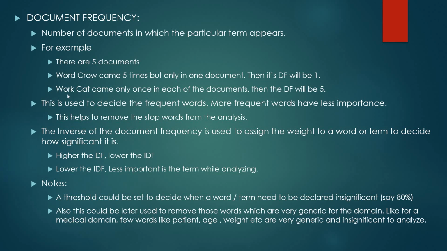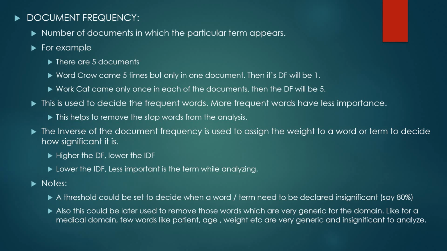On the other hand, if there is a term called cat, and this term comes only once in each of the documents, all 5 documents, then the document frequency will be 5. So document frequency is basically the number of documents in which a particular term appears. I hope you have understood it clearly now.